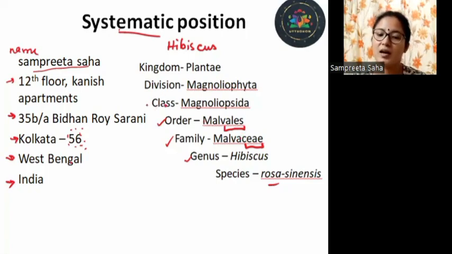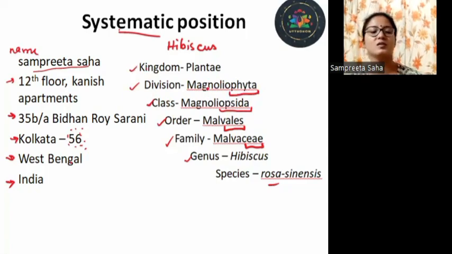The order Malvales belongs to the class Magnoliopsida. Just follow the end suffix. Next, this class Magnoliopsida belongs under the division Magnoliophyta. And lastly, this belongs to the kingdom Plantae, since it's a plant.